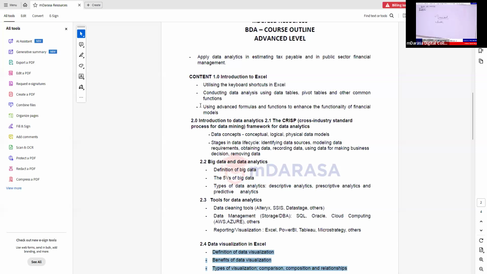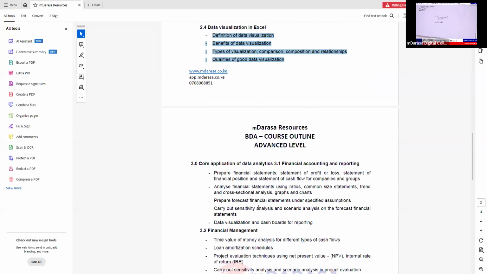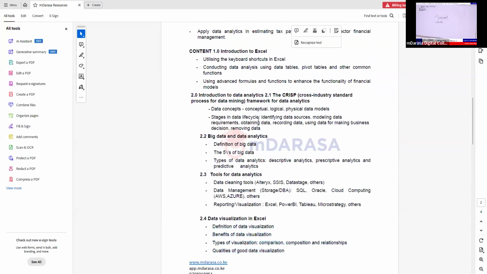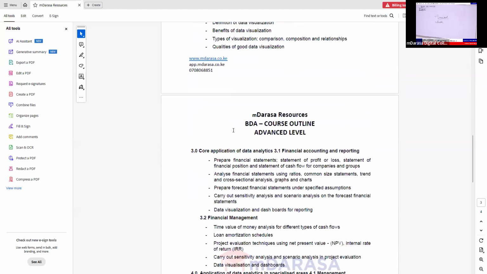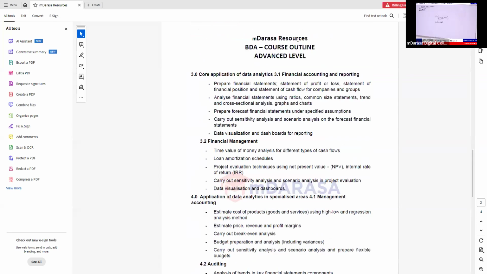This is topic number 1 in business data analytics, because this is what will form the foundation for all the presentation that we'll be doing all through. Whatever you cover in topic number 1, including presentation of our data, is what will be applied in all these areas, where we've seen we have financial reporting and our core application. Very important to note.